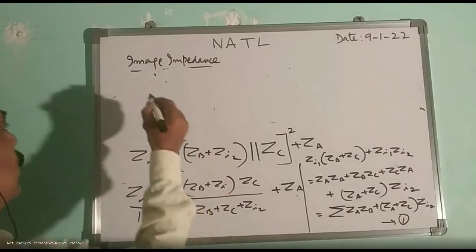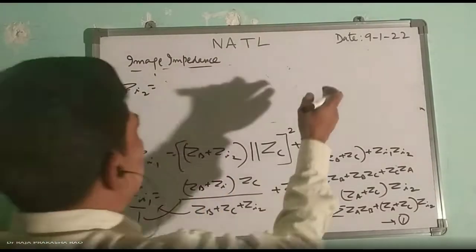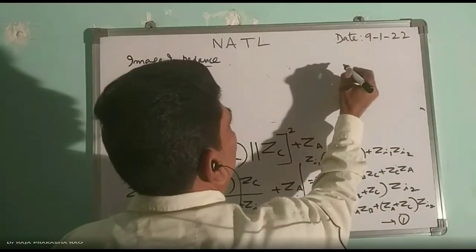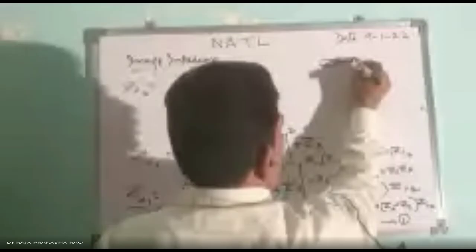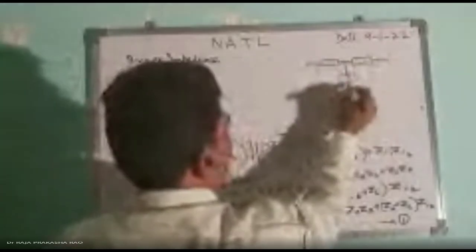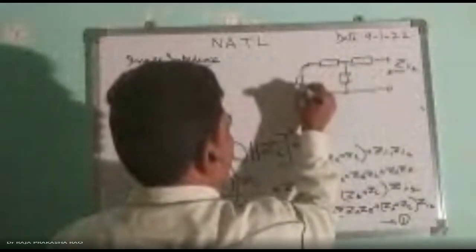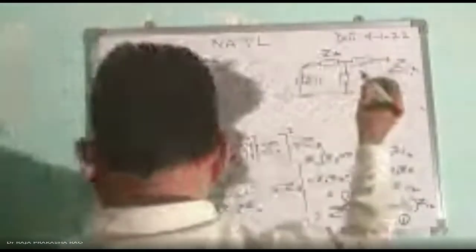And ZI2 is equal to, let's consider that network, ZI2. I will again draw here for ZI2. We have to terminate here this ZI1, this is ZA, ZB, ZC.